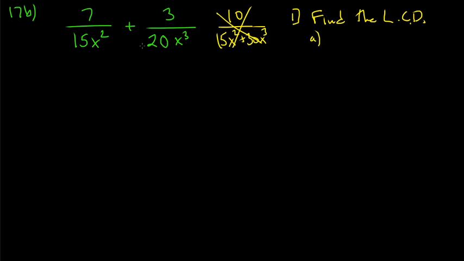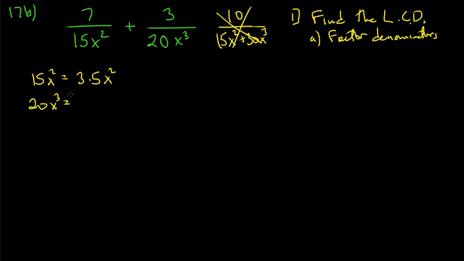And the LCD, you find that by factoring all the denominators completely. Factor the denominators. And in this case, 15 is just 3 times 5. And 20 is 4 times 5, but 4 is 2 squared, so 2 squared times 5. Remember, we want them as exponents.